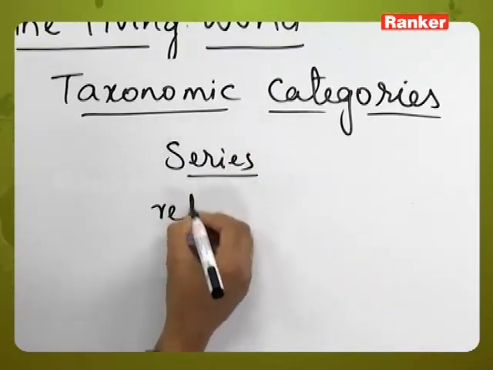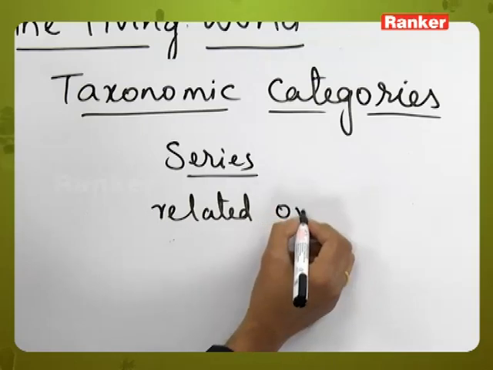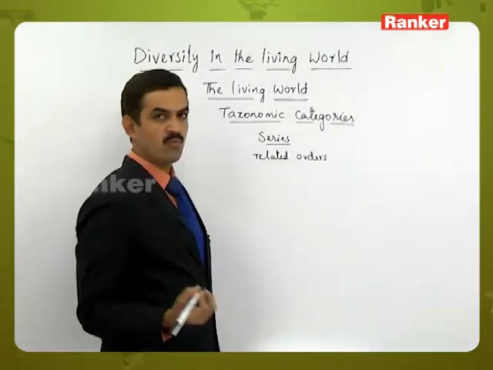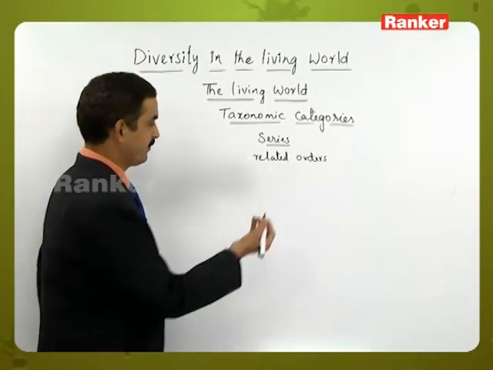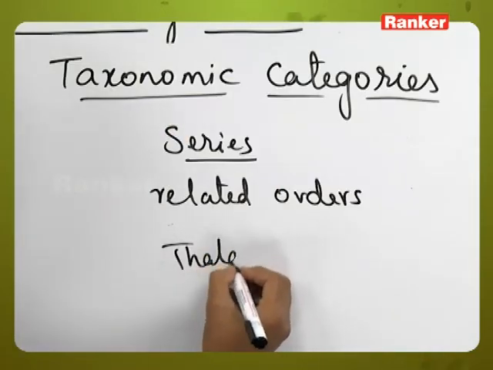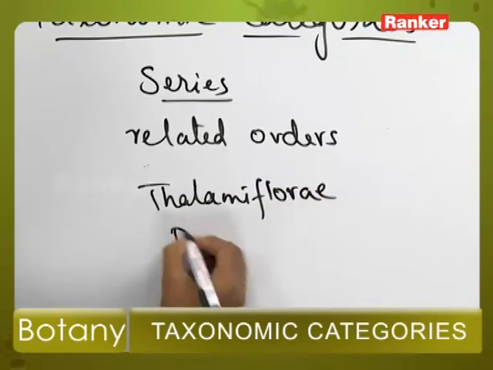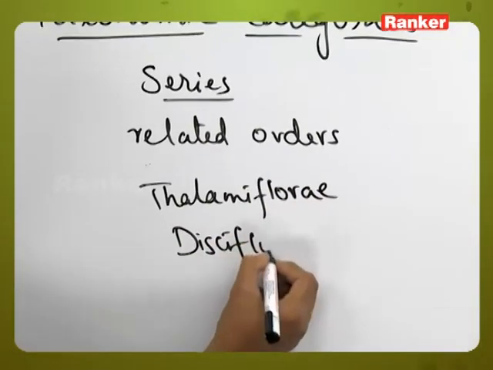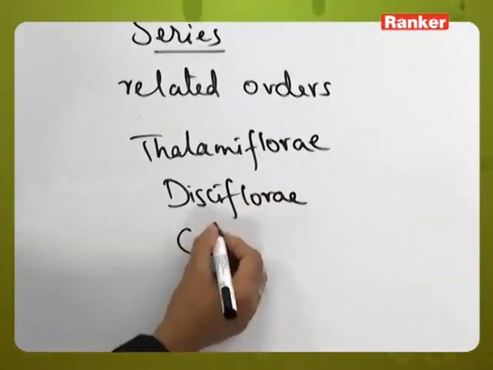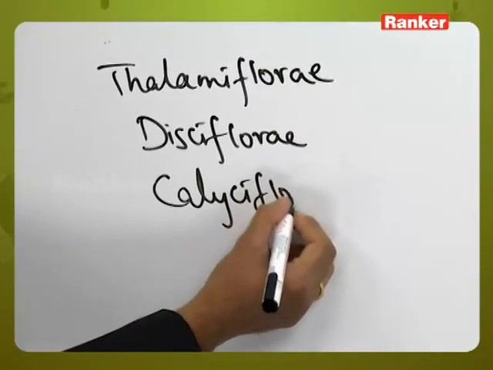After order, the next taxonomic category is the series. The related orders are kept under one series. Like Thalamiflorae, Disciflorae, Caliciflorae.